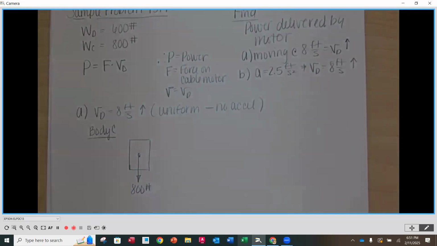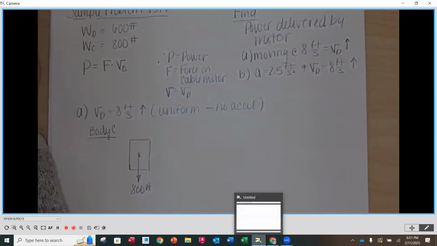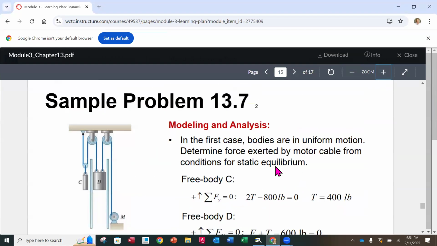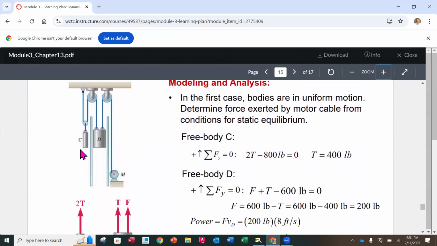Okay. Now, if we look back at the illustration, we're looking at C here. I'm going to zoom in a little bit. So C is going to have a weight going down of 800 pounds. And then you'll notice there's a little cable here, but connected to it are two sides of that pulley.